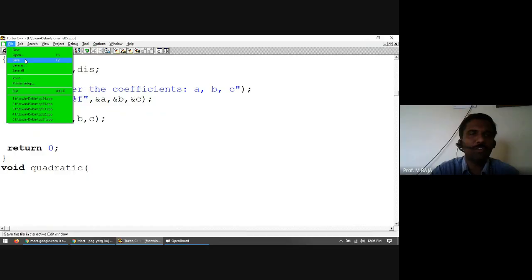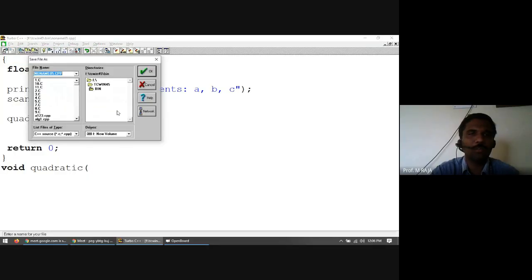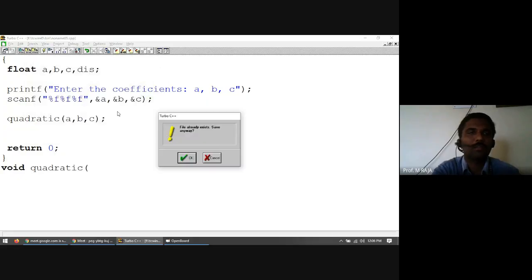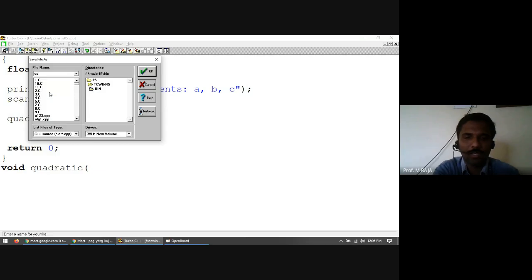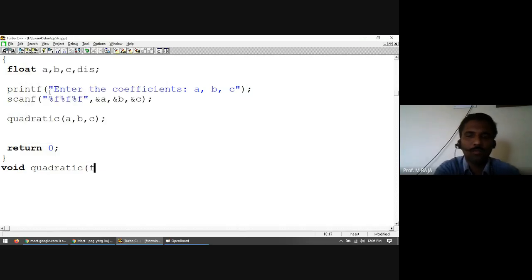Formal parameters are three floating point variables: float A, float B, float C. That means we are passing three actual parameters into this function quadratic. So three formal parameters which are also of floating point type. Even though we have used the same names A, B and C.